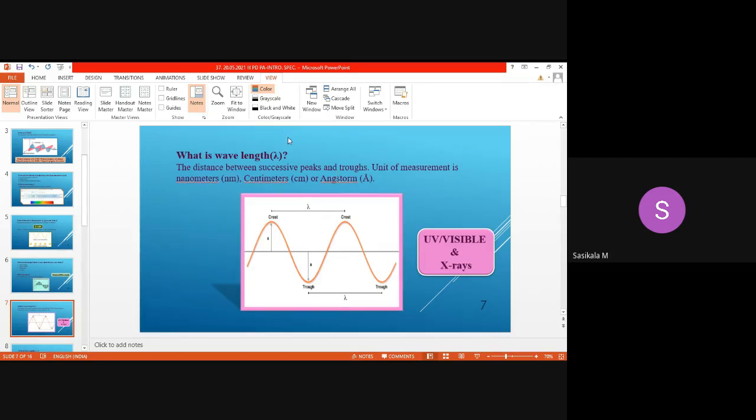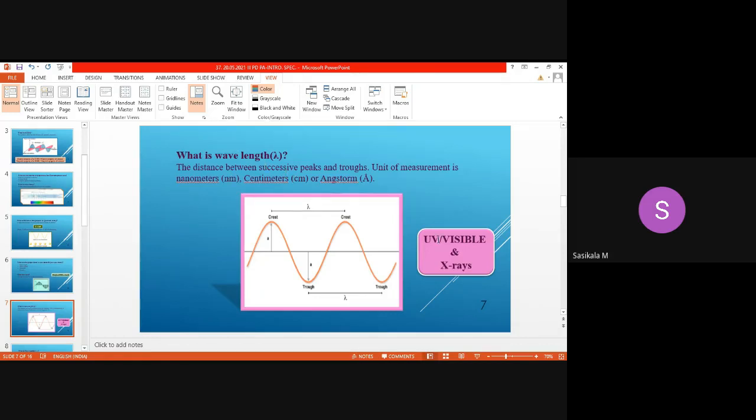Which type of radiation is characterized with wavelength? The wavelength theory applies to UV visible and X-rays. Ultraviolet and visible radiation, and X-rays, are measured using wavelength theory.